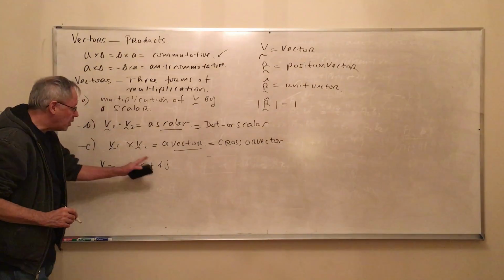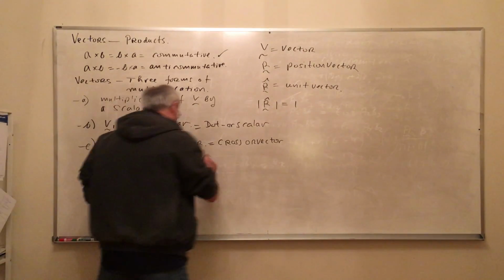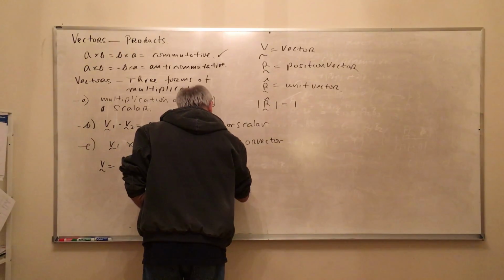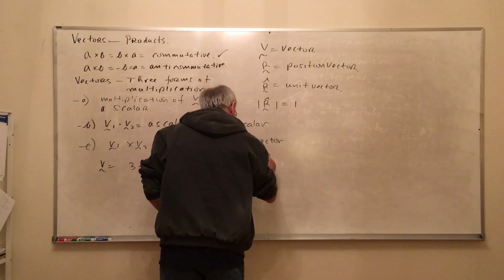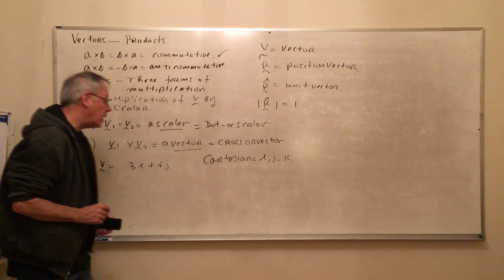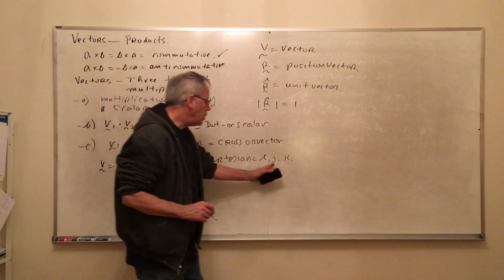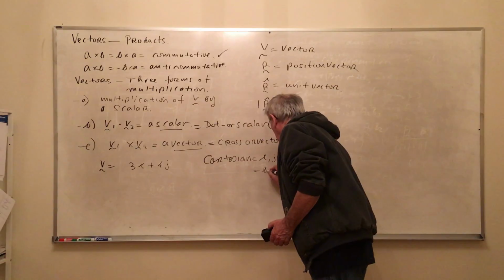Okay, so let's deal with multiplying a vector by a scalar. Now I'm going to drop the hats over the unit vectors in terms of i's and j's. These are Cartesian vectors. Cartesian vectors have i's, j's and k's in the x, y, z direction.